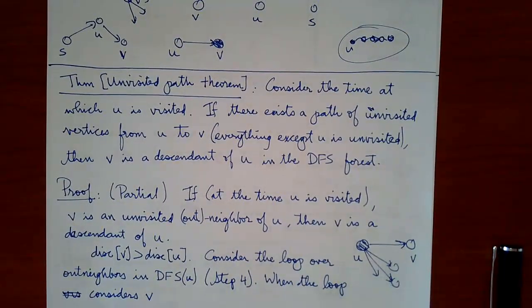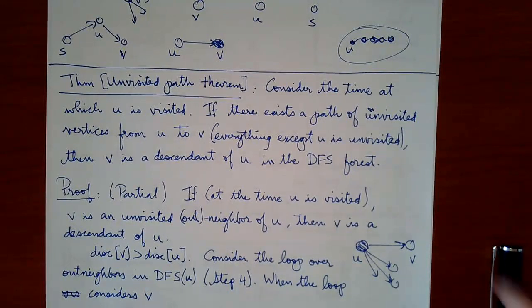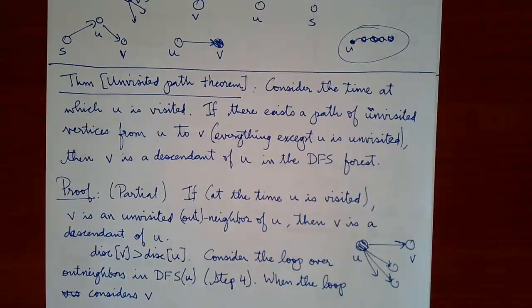When the loop considers V, either V is unvisited or it's visited. Let's do this a little carefully.